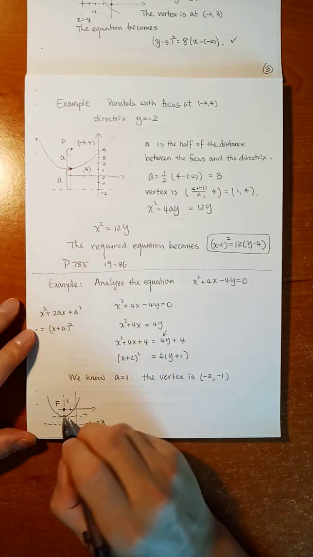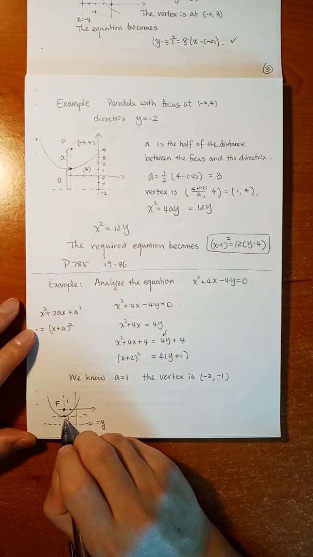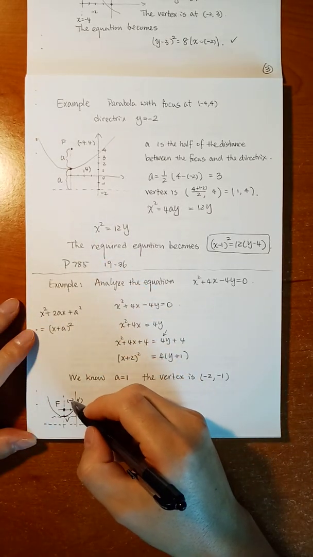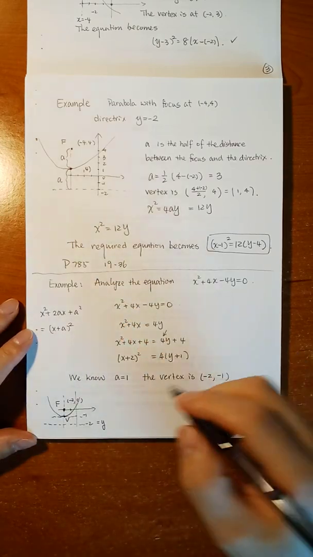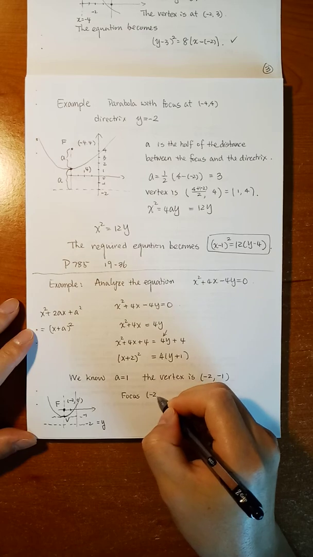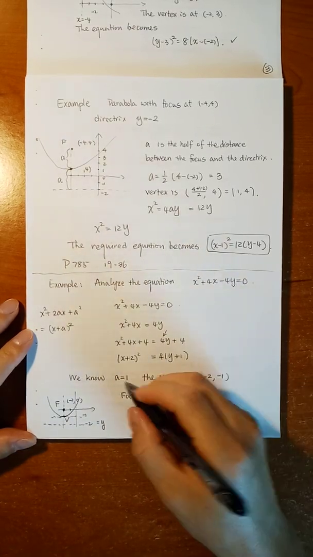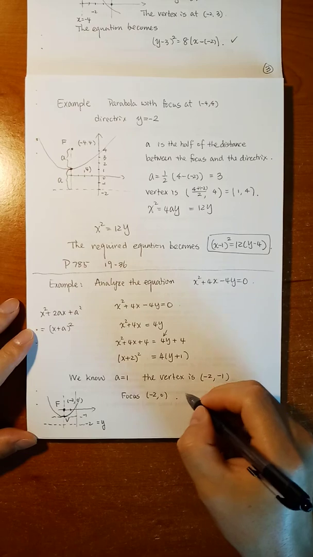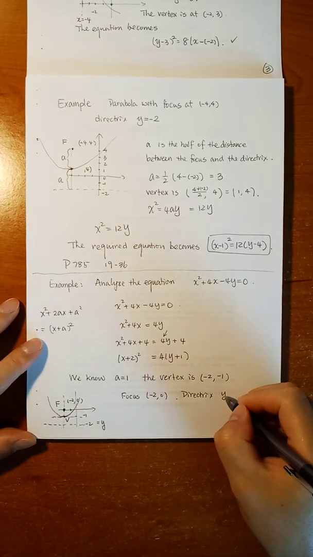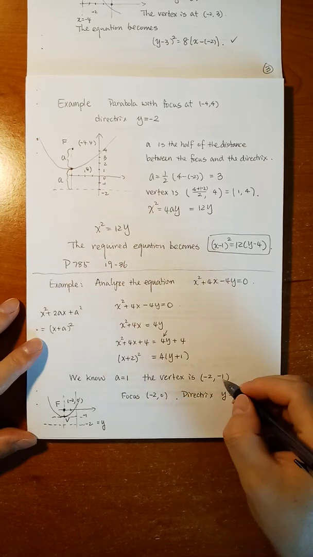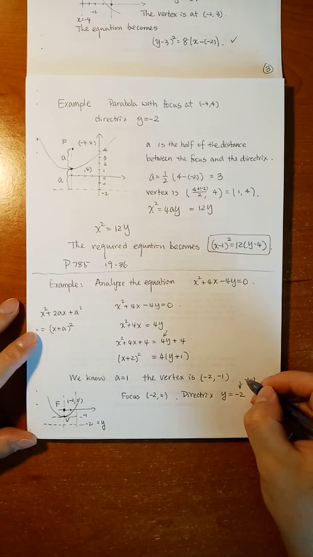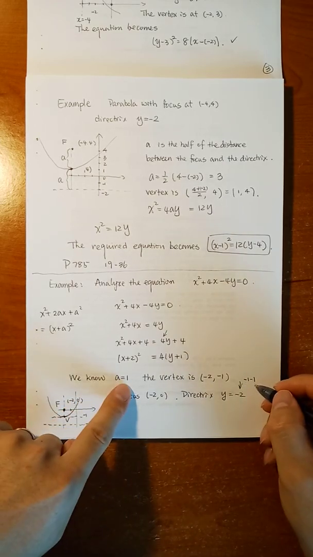Focus is -2, 0. Move upward 1 unit, so x does not change, y adds 1. So we get the focus -2, 0. And the directrix y equal to -2. This -2 is actually -1 minus 1. Move down, subtract a.